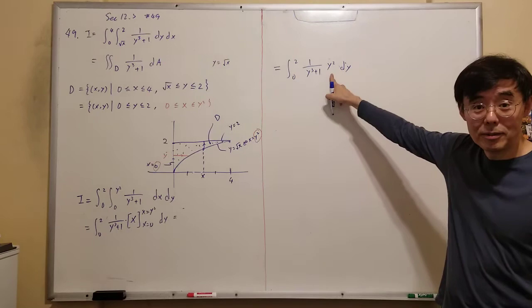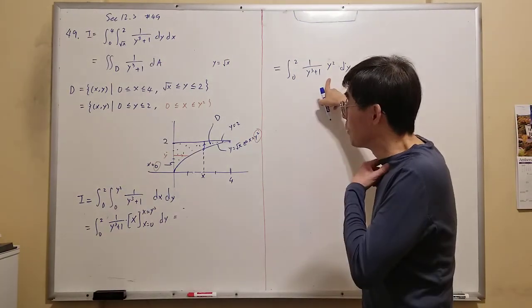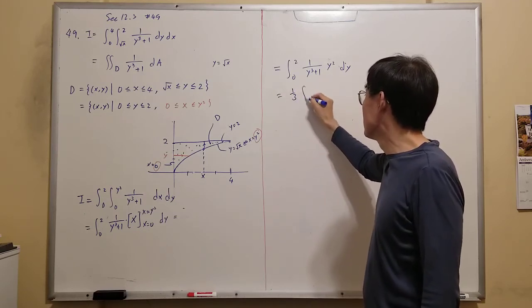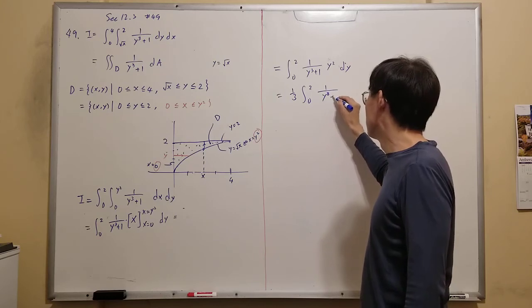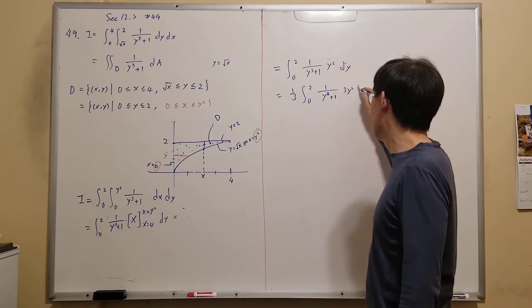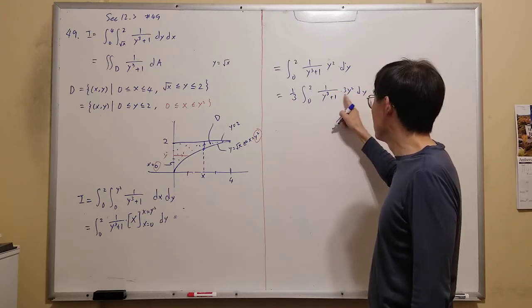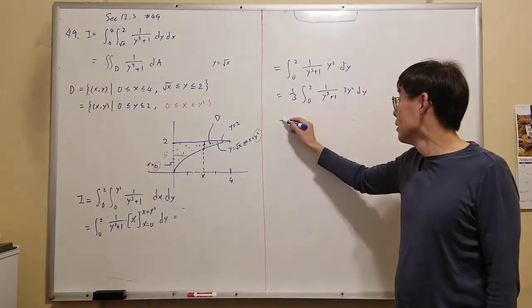This is a typical substitution, or reverse chain rule, backward chain rule. You can write it as 1/3, 0 to 2, 1 over y cubed plus 1, 3y squared dy. So your inside function is y cubed plus 1, and the derivative of the inside function is present.